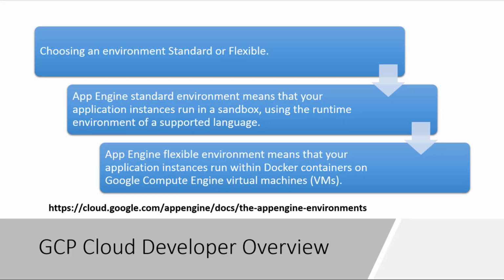When we choose an environment, we have to make some decisions before we configure App Engine. So when we choose our region, we also want to select, do we deploy standard or flexible? Now, standard environment means that you're going to set up your instances in a sandbox.